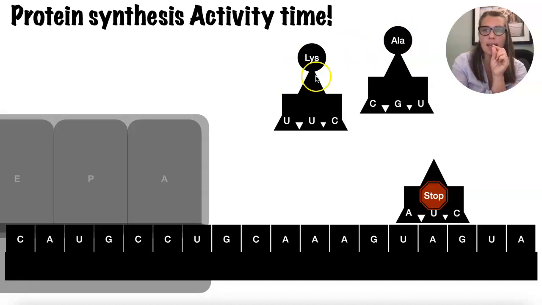These guys here are your tRNA that are all over around the cytoplasm. This guy in gray is your ribosome, okay? So it's hugging the mRNA.